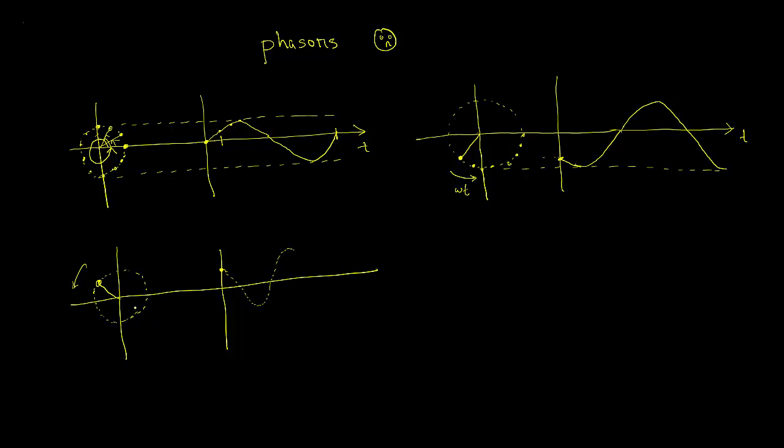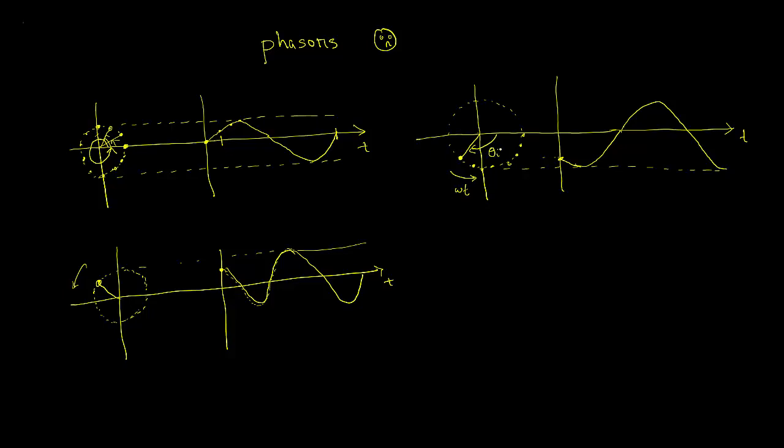It will also complete one circle when the particle moves along, and it will complete one cycle in the sinusoid as well. So this is the basic of three-phase voltages or currents or any electrical signals.